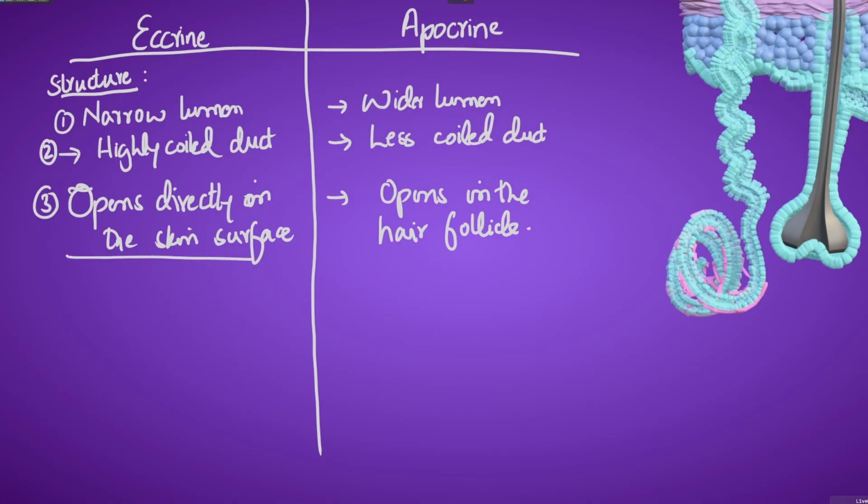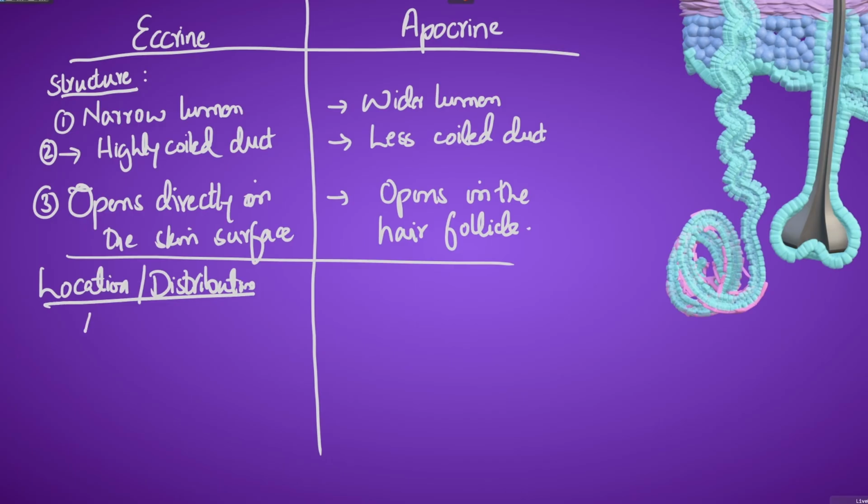Now, this one is important. I have not told you the location or distribution. This type of gland, eccrine gland, it is present almost everywhere in the body, especially concentrated in the soles and palms. But this gland, apocrine gland, it is not present everywhere. It is rather a bit more specialized.